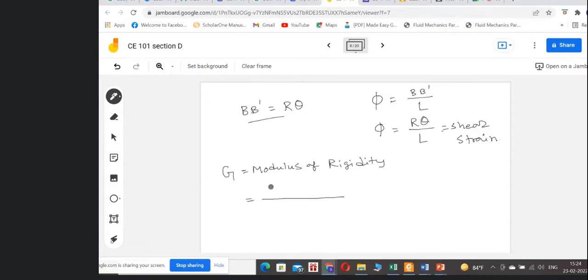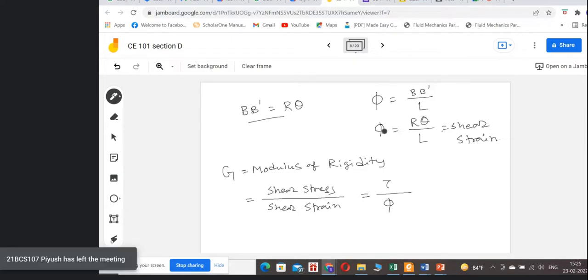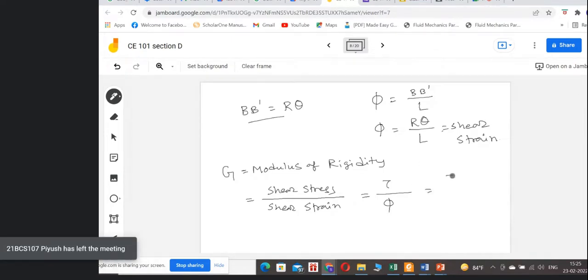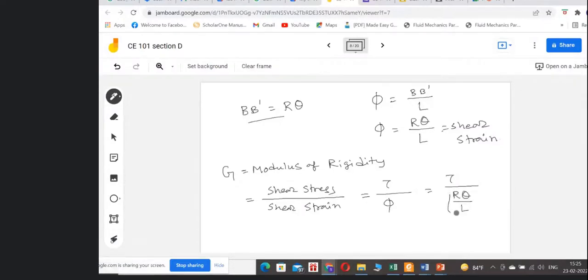Yes, shear stress upon shear strain. Shear stress is denoted by tau, and the strain by phi. Good. Now this phi we know, so G equals tau by r theta by L, or G equals tau L by r theta.